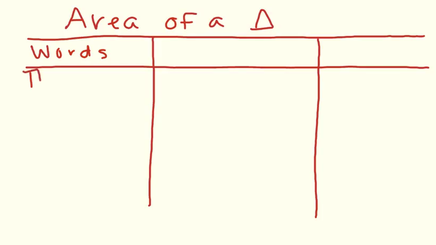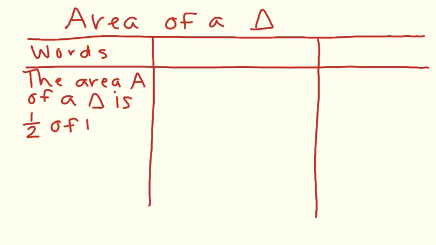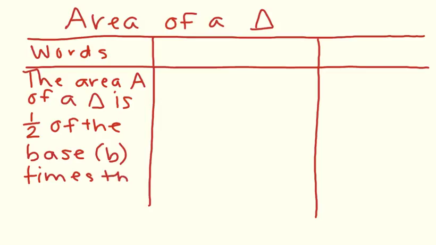Words is going to say the area A of a triangle is 1/2 of the base, which we'll label with a B, times the height, which we're going to label with an H.